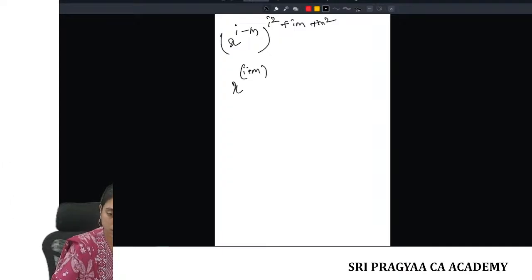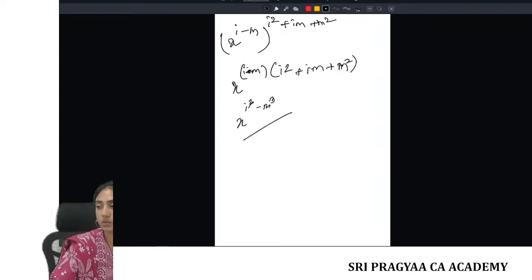I minus this is minus into, which is nothing but I cube minus m cube. Similarly, you will get, okay.